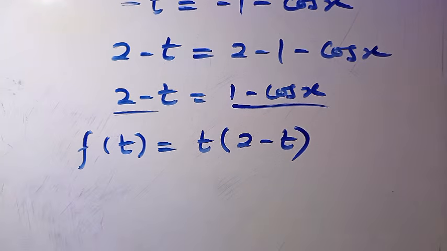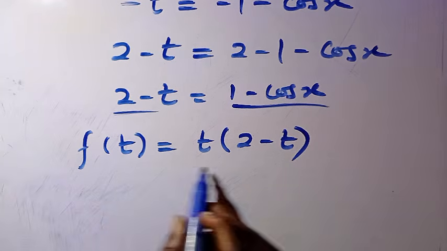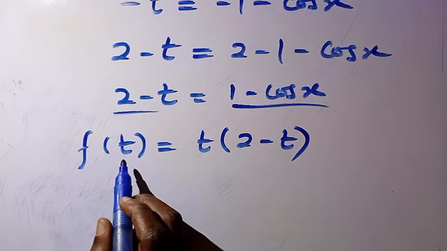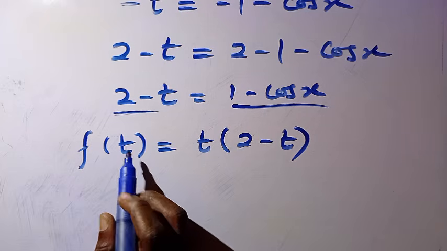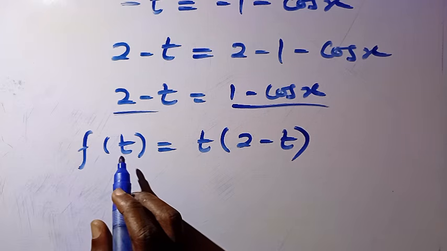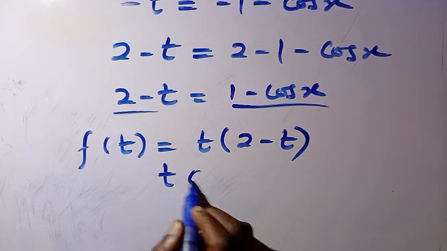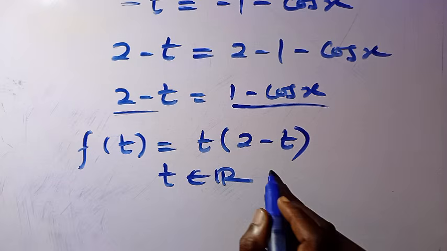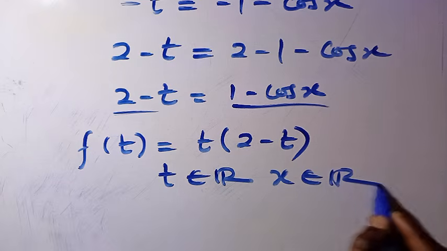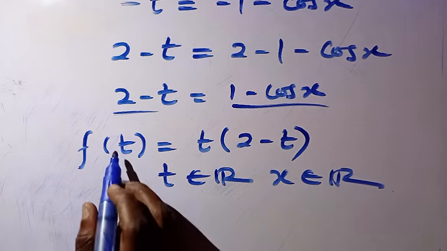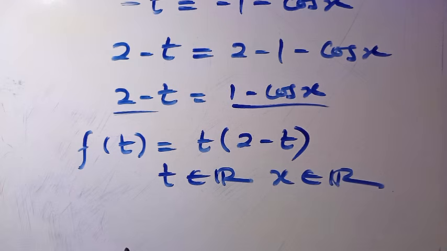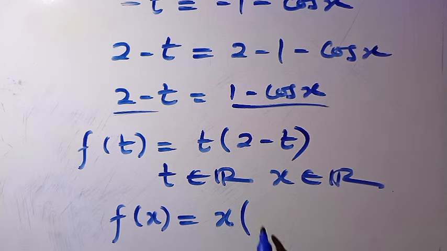This is what we need, as we have gotten f of 1 plus cos x in terms of t, but we need to get it in terms of x. Note that t is a member of real numbers, and so is x. We replace t here with x as we did above. So therefore we have f of x equals x into the bracket of 2 minus x.